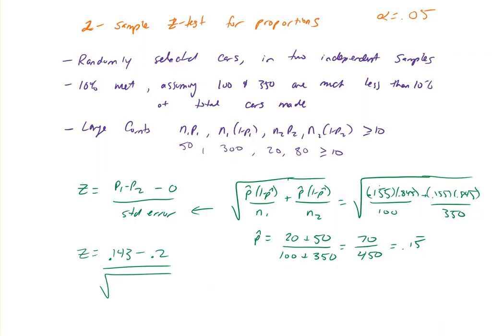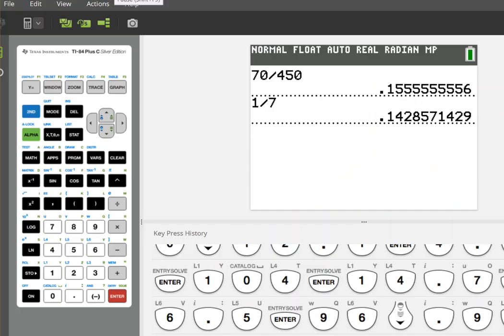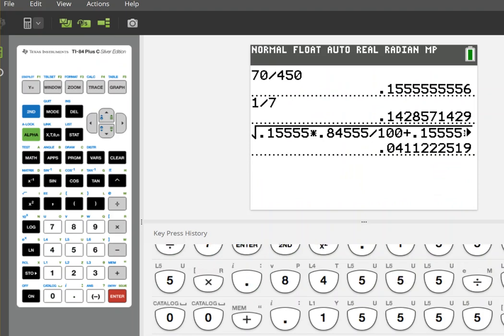Okay. And then we have to find the standard deviation. What's a 0.15? So I just did 0.1555 times 0.84555 divided by n1 plus, actually it's really n2, right? You reverse the 2, plus 0.1555 divided by 0.84555. And I got our standard error, 0.04112.